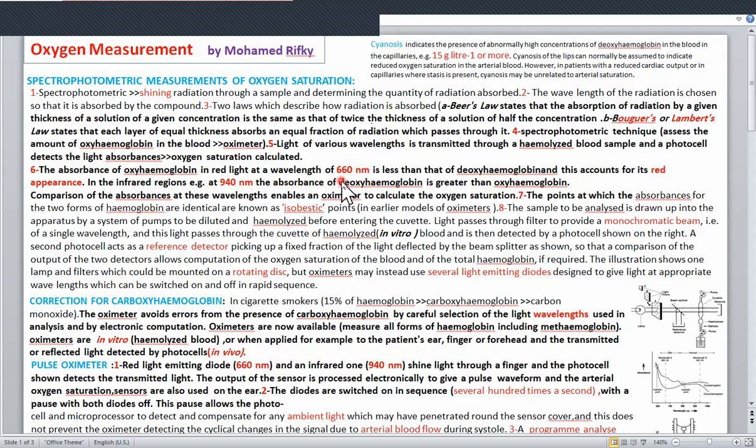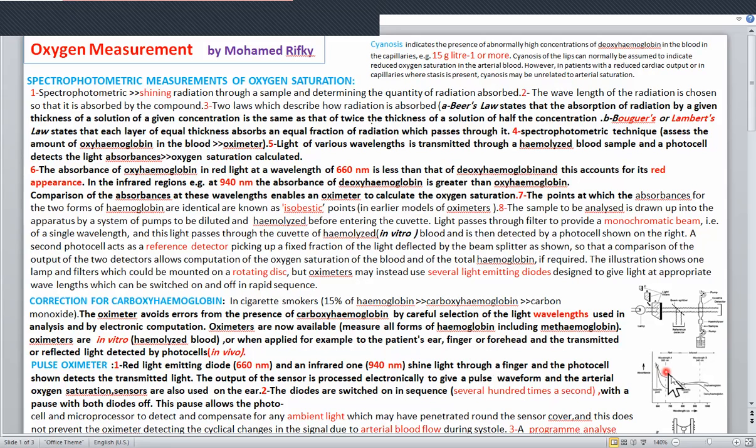You must memorize 660 nanometer, which is less absorbed by the oxyhemoglobin. This makes the color of oxyhemoglobin red. And the other frequency, which is 940 nanometer, the absorption is greater than oxyhemoglobin in such wavelengths.